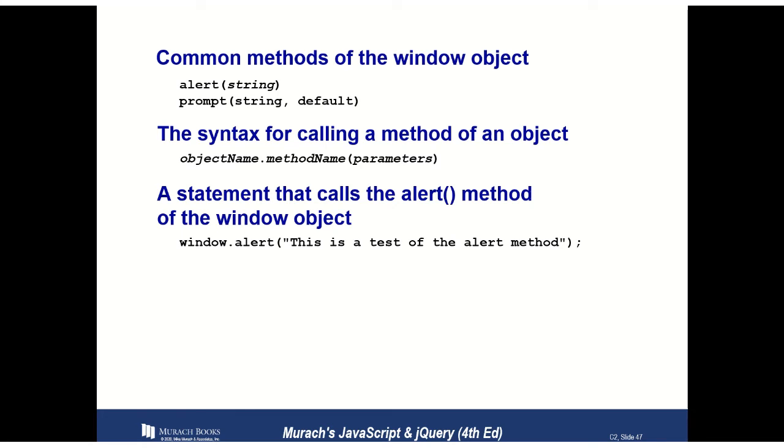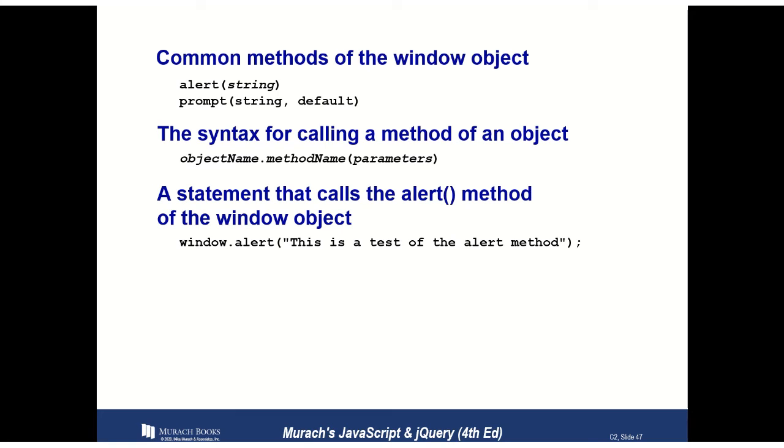In the syntax of this book, some words are italicized and some are not. The words that are not italicized are keywords, always the same. So for the first example, you can see window.alert, and you can pass some string there.